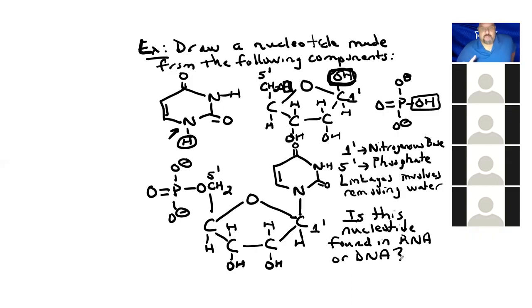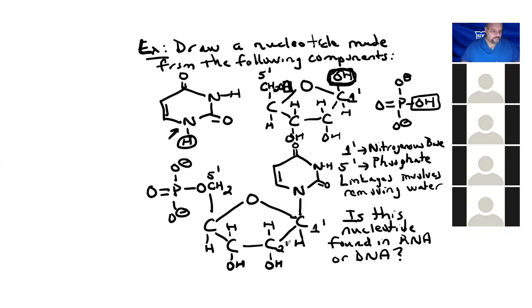What you have to remember to do this is that the difference between ribose and deoxyribose is in the downwards direction off of carbon 2 prime. For ribose, what goes in the downwards direction off of carbon 2 prime?